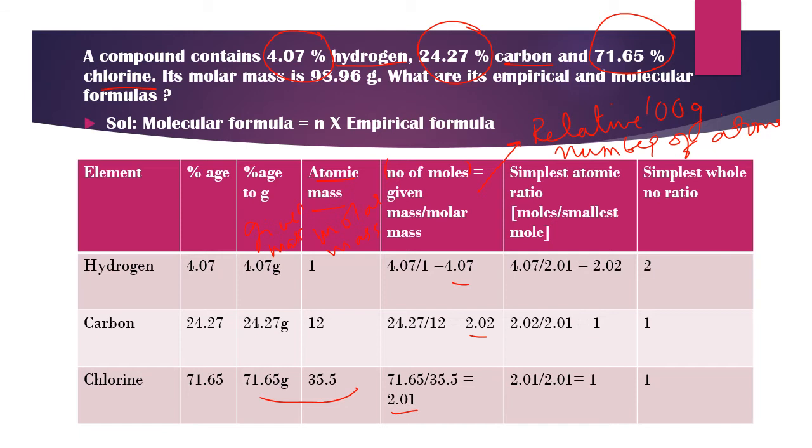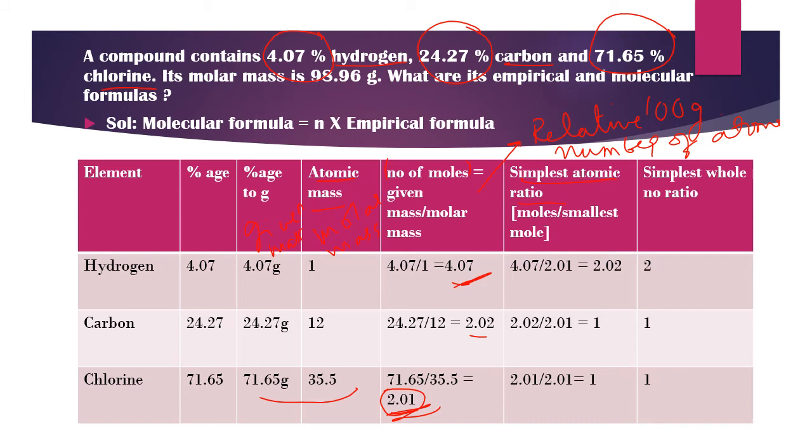The next step is to look at the moles very carefully and see which one is the smallest. You need to find out the smallest number of moles. To find the simplest atomic ratio, we divide the moles that we have calculated in the previous column by the simplest mole or the smallest mole.